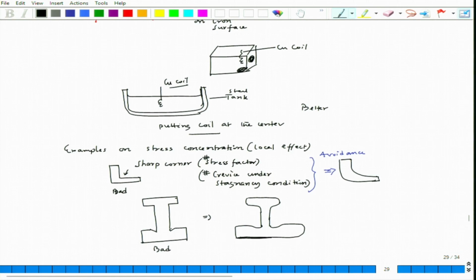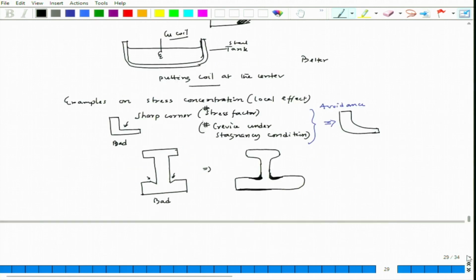In fact, if we have such a thing, it is better to cover it up. That kind of coverage can avoid the crevice, as well as that corner. Avoidance of that corner can actually get rid of the stress concentration effect. So, this is another one.